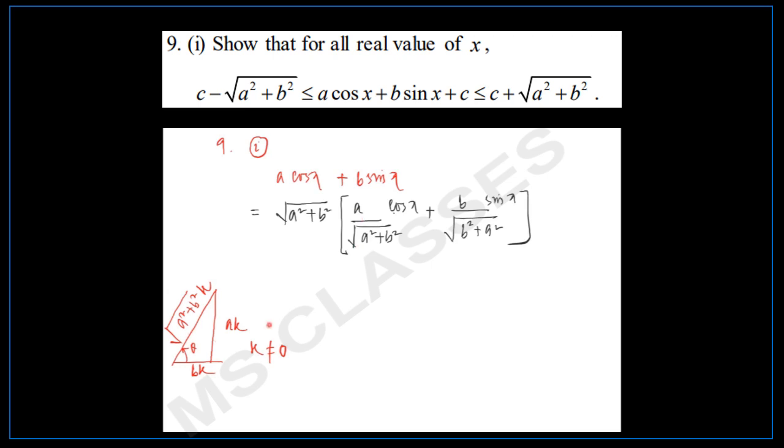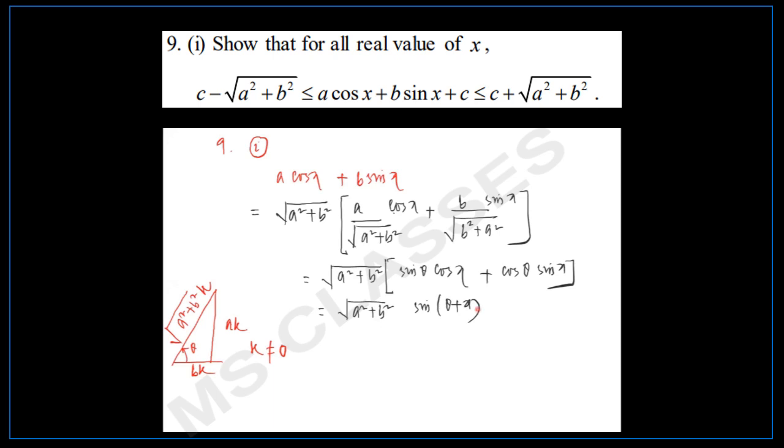Sin theta. So root over of A square plus B square, sin theta cos x plus cos theta sin x. Okay. So root over of A square plus B square sine of theta plus x.